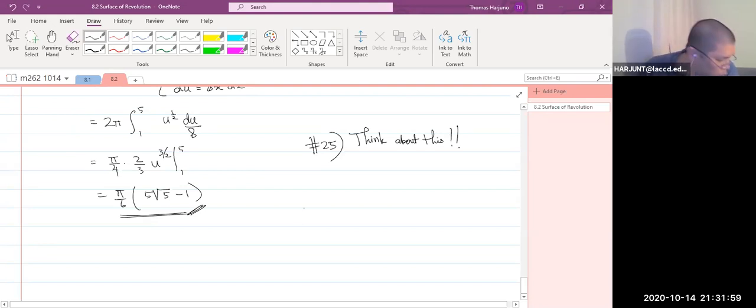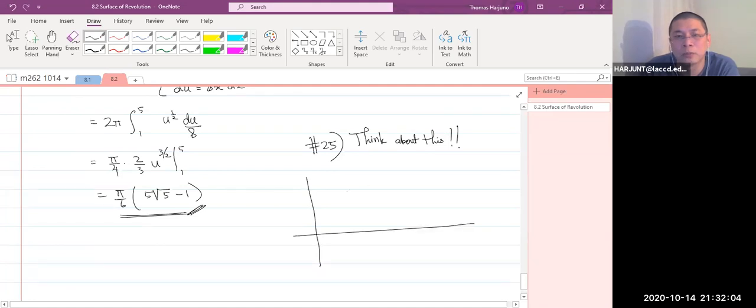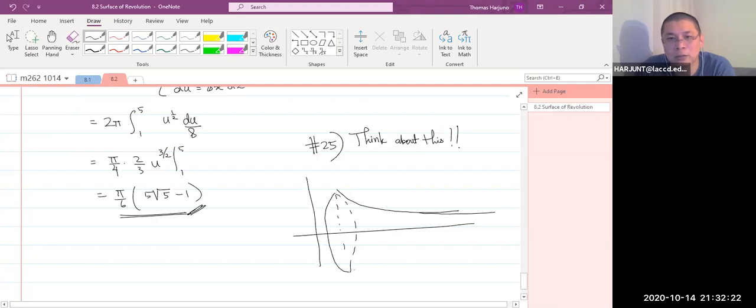But basically, here's what happened with that guy called Gabriel's horn. Gabriel's horn is basically the curve 1 over x, starting from 1 to infinity, that you revolve around the x-axis. Now, something strange happened when we do this computation.